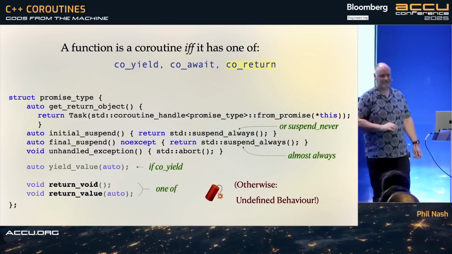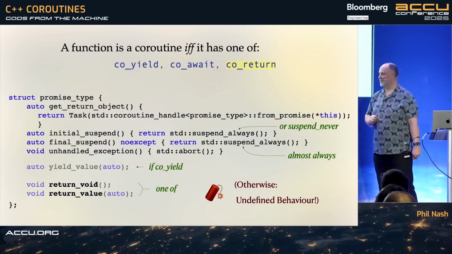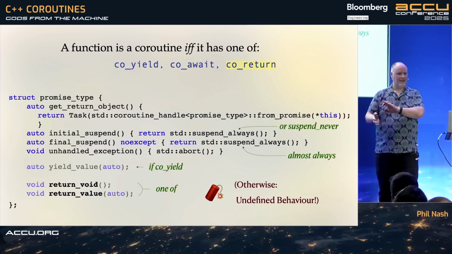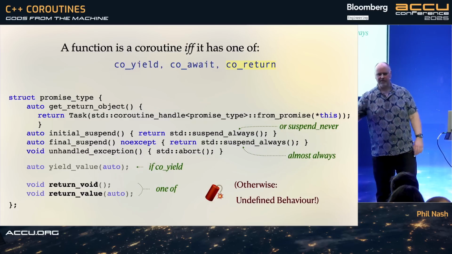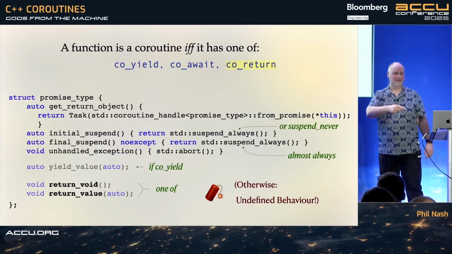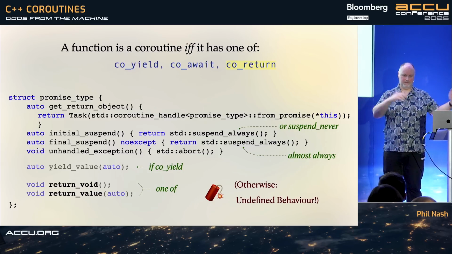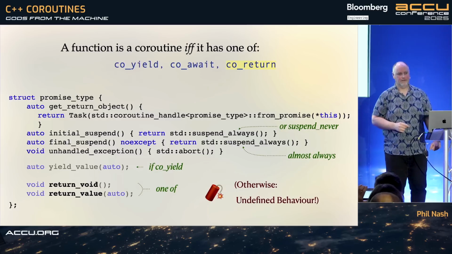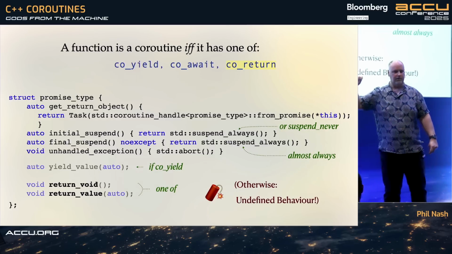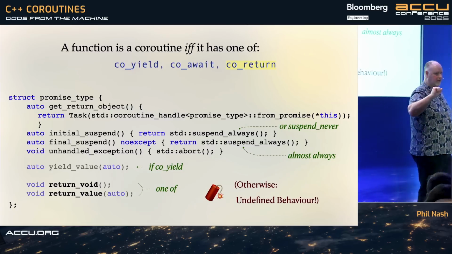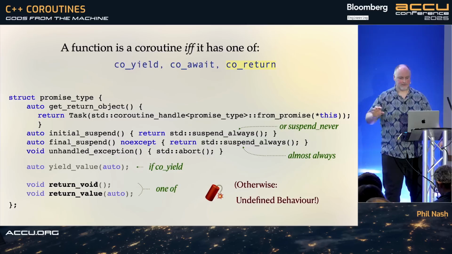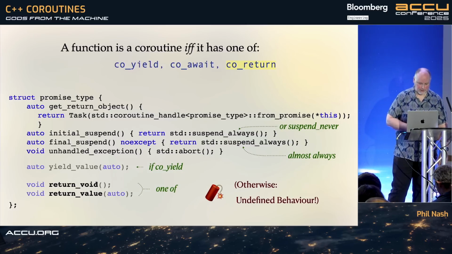It's one of the new ways we've managed to introduce undefined behavior in. Yes, we're still doing it. And I think the reason for that is more or less to do with generators. We saw that Fibonacci generator. It actually never returns. It just goes on forever until you suspend it and destroy the coroutine. So we didn't actually need to implement return void or return value for that. So I think that's the reason that it's there, but it does mean there's a bit of a foot gun there.